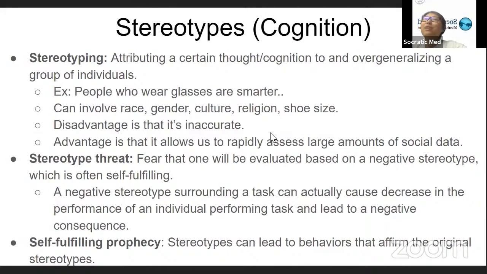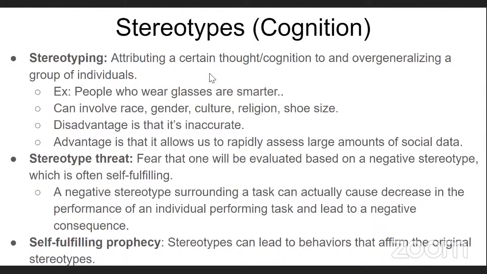Okay, so now we're going to go into stereotypes, which are an aspect of cognition. Stereotyping is attributing a certain thought or cognition to, and overgeneralizing about, a group of individuals. An example of a stereotype is that people who wear glasses are smarter. There are different stereotypes that different people know about, and they can involve race, gender, culture, religion, even sometimes shoe size.